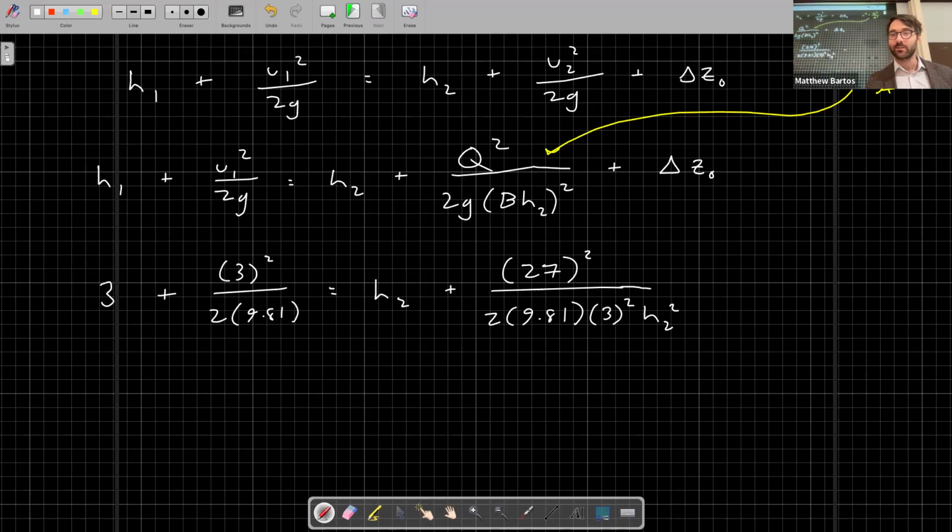Again, we don't know what H2 is. And to this, we're going to add 0.3, which is the height of the bump. So if we evaluate each of these numeric values, what we'll end up with is 3.1587 is equal to H2 plus quantity 4.1284 divided by H2 squared.